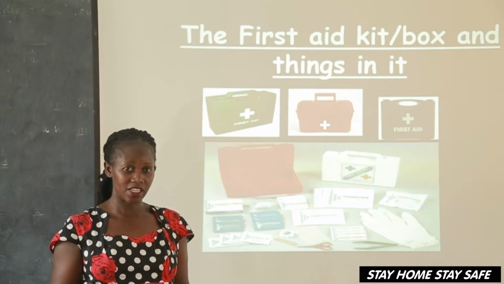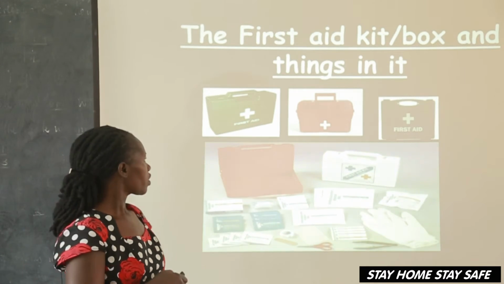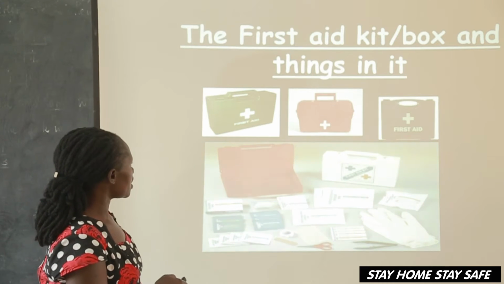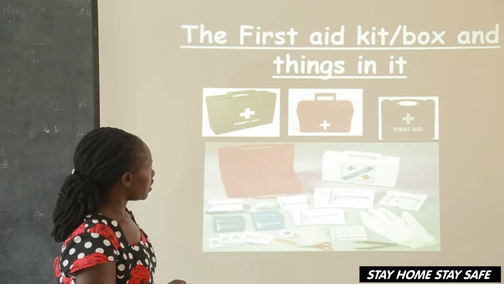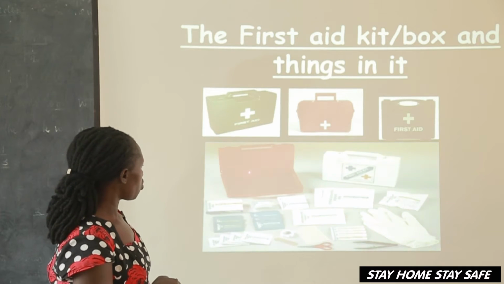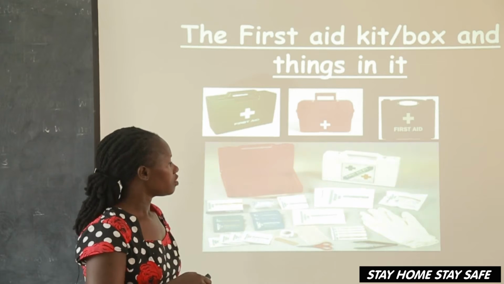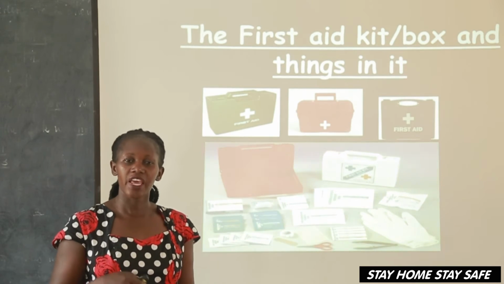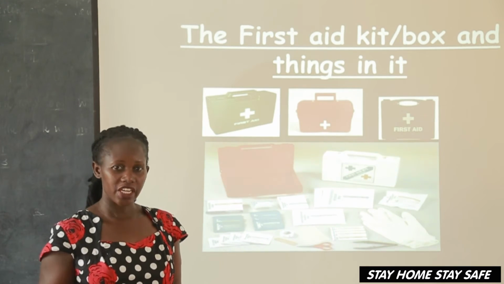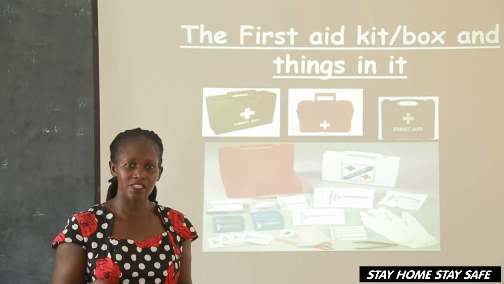They all have that cross in the middle. This one is open, but outside it's there. These are what we call first aid box. They are containers where we keep the first aid kit.